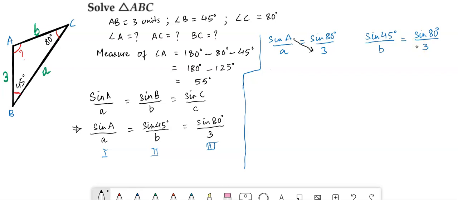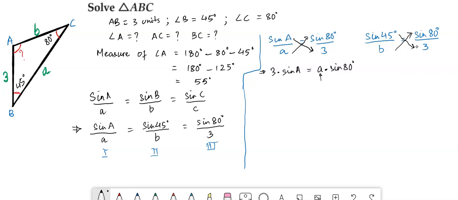We can just do cross multiplication here and cross multiplication there. Let's solve the first one. So we can write 3 times sine of A equals a times sine of 80. Now you can see a is the variable which we need to find.